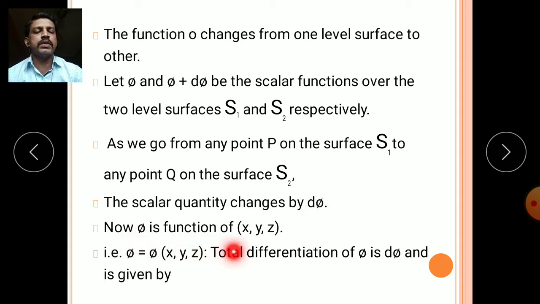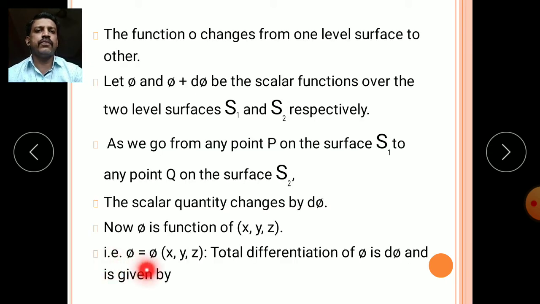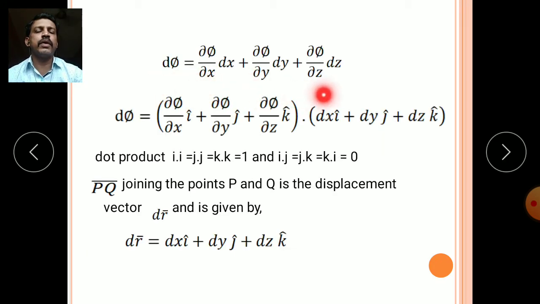Now phi is a function of x, y, z, because the three axes x, y, and z are shown. If phi equals phi(x, y, z), the total differential of phi is d phi, given by d phi equal to ∂phi/∂x dx plus ∂phi/∂y dy plus ∂phi/∂z dz.